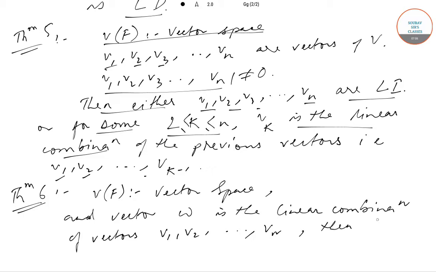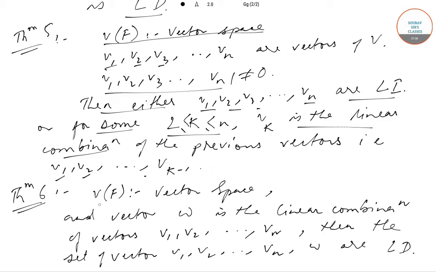Then the set of vectors v1, v2, up till vn and w are linearly dependent. This is theorem 6.